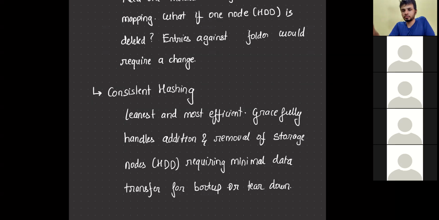So maybe I add it, and from all of them, parts will be shifted to the new node. But some system administrator has to add this and configure it, or there will be some automated way to do that.